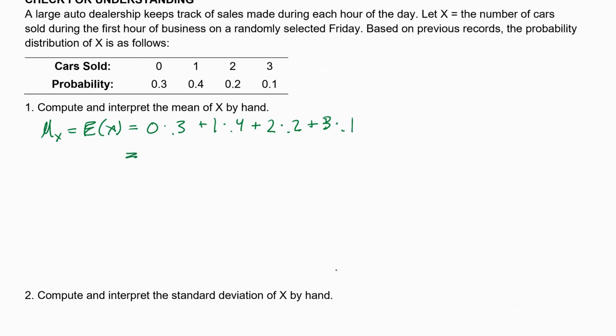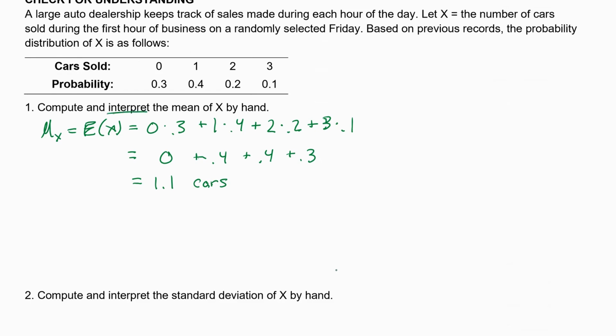Now, if I multiply this out, 0 times 0.03, that's 0. 1 times 0.4, that's 0.4, plus 2 times 0.2 is 0.4. And then lastly, 3 times 0.1 is 0.3. And if I add 4 plus 4 plus 3, I get 11. And with the decimal point, I get 1.1. And the unit here is cars. And remember, cars in this case provide some context to our answer.